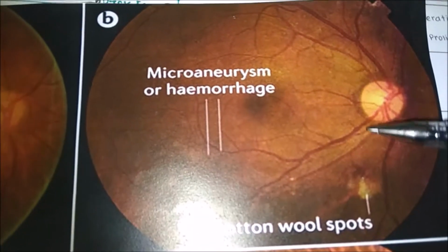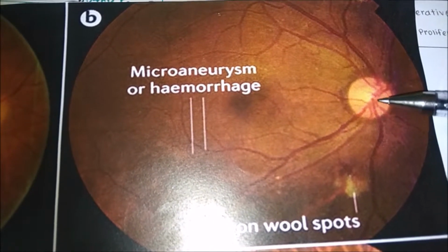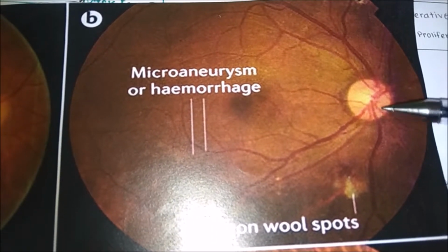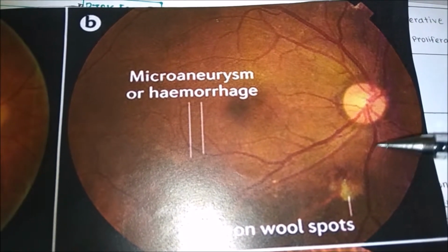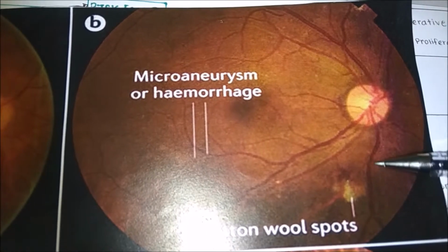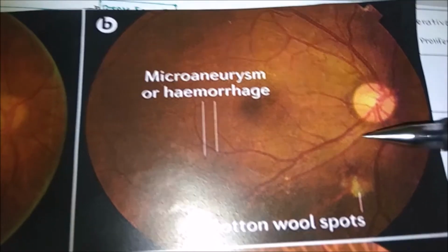And we can see a venous beading over here, because the size of the vein is smaller, then it suddenly thickens, then reduces back and then thickens suddenly here. So this can be considered as venous beading also.